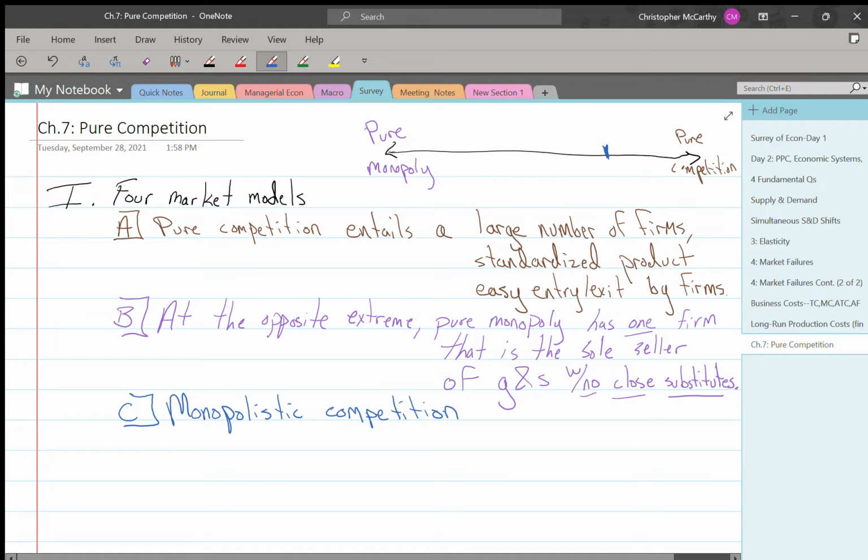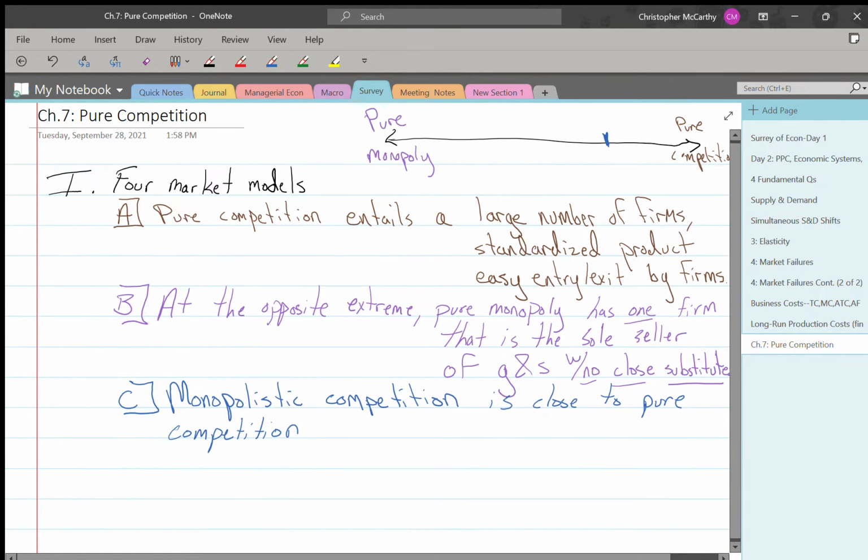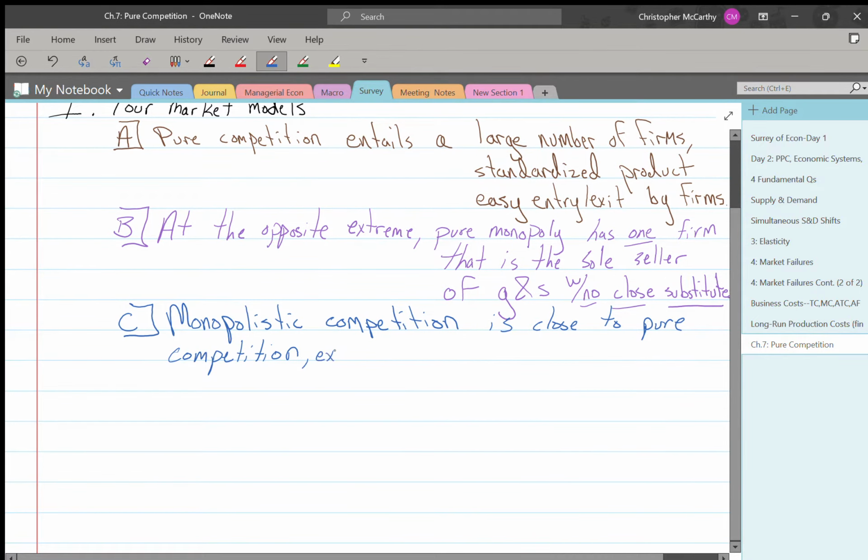But there's a reason for it. This is close to pure competition, except the product is what we call differentiated.